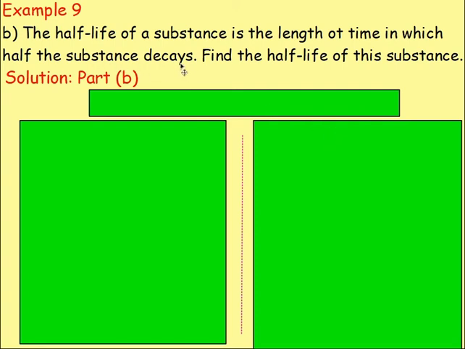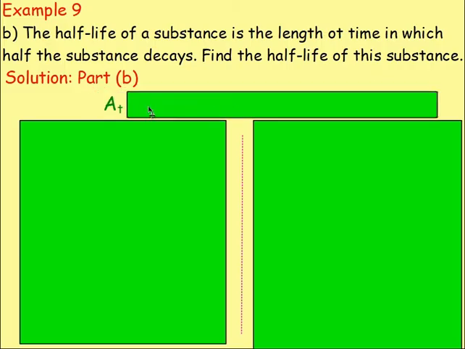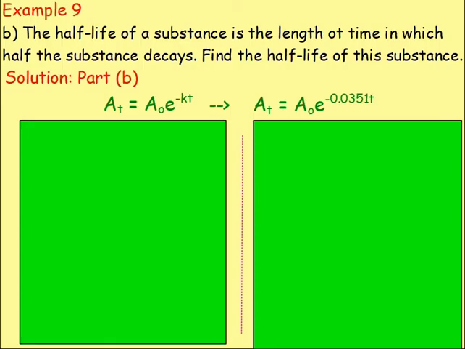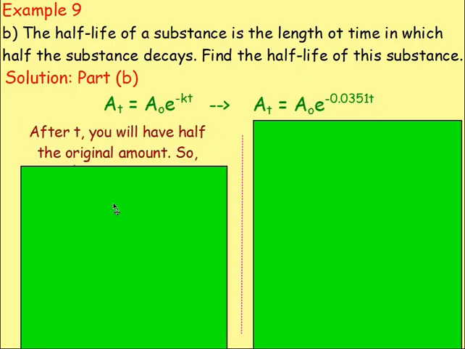Find the half-life of this substance here. Right at the start we were given this formula, A(t) equals A naught e to the power of negative kt, but we know the value of k. We just worked that out to 3 significant figures. That was negative 0.0351, so we can replace that. We know after a certain amount of time t, we're going to have half the original amount.